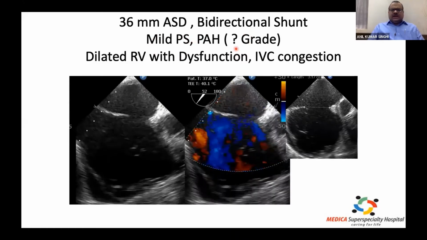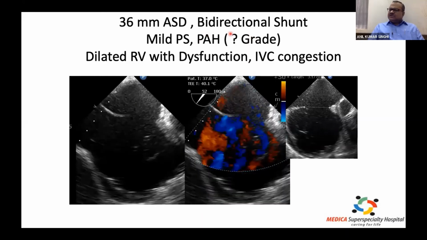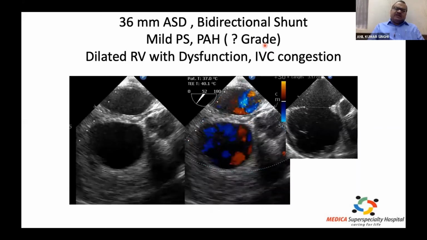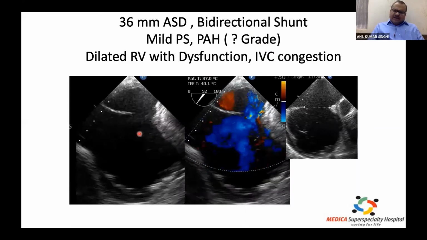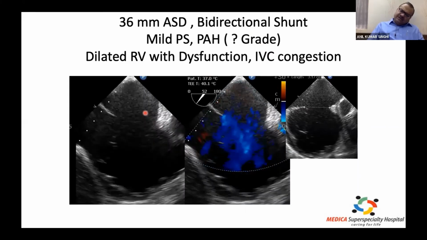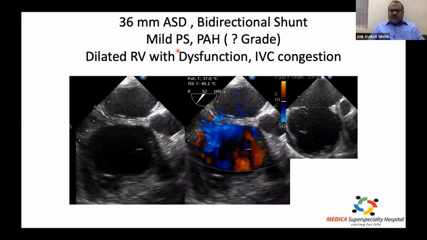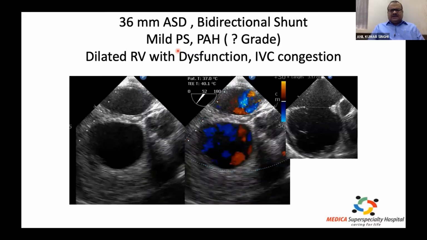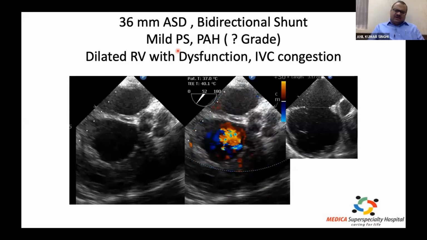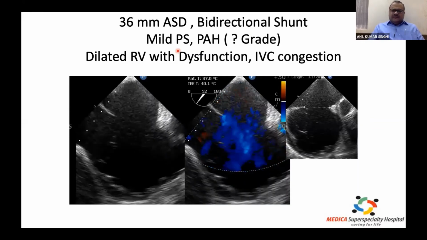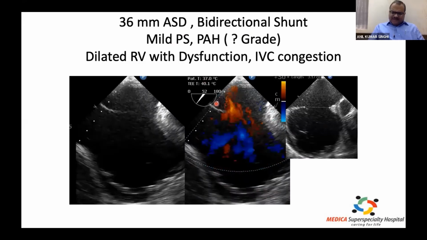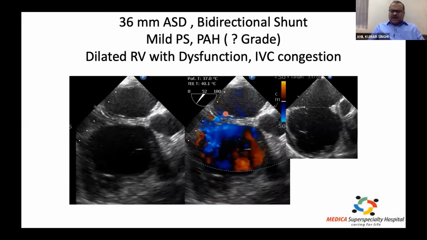So the grade of the pulmonary hypertension I was not sure about because there was some bidirectionality involved, with RV dilated and dysfunctional and IVC congestion. So all these things were not looking very good for whether this hole is closable. We wanted to interrogate the same in cardiac catheterization.